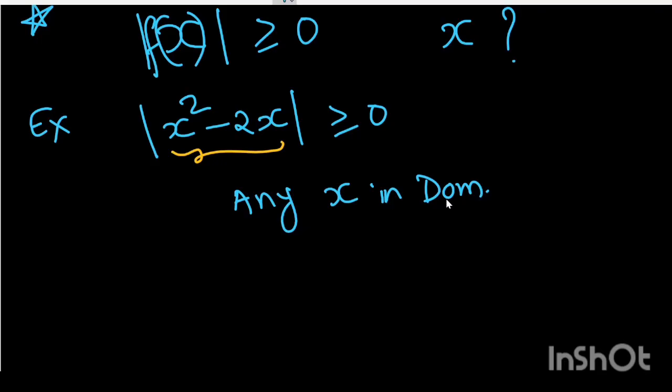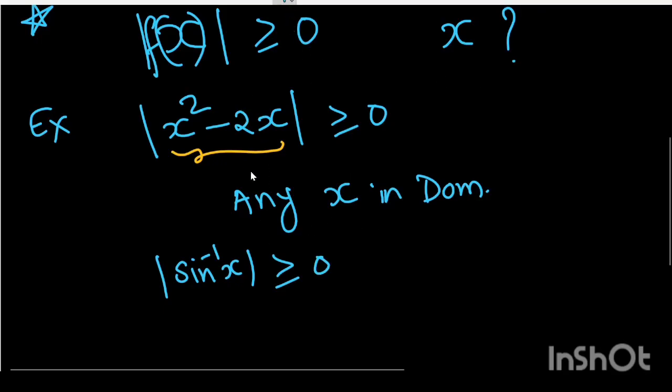Generally we can say that, but in some specific types of questions where the domain is restricted, like if there is, let's say, sine inverse x, for example, we cannot say x belongs to R. So we say all x belonging to the domain. So |f(x)| greater than or equal to 0 means any x in the domain.